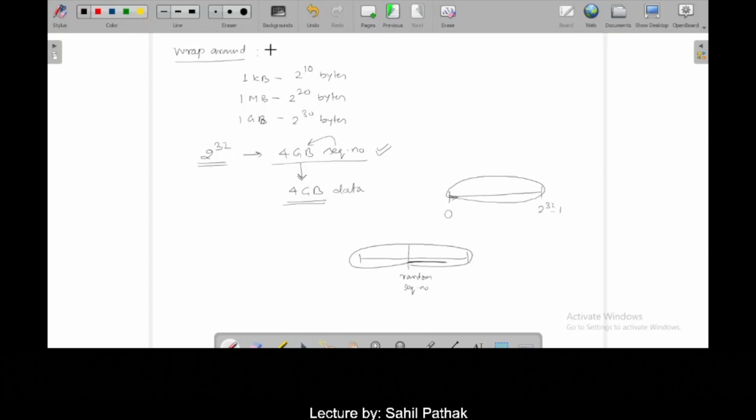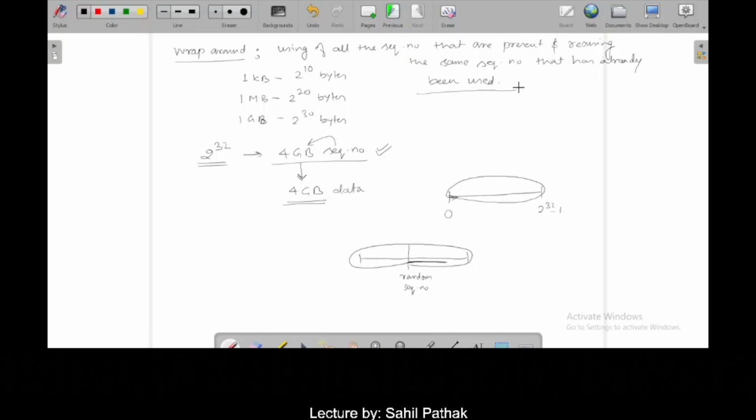That is what the wraparound is. So this is what the wraparound is.